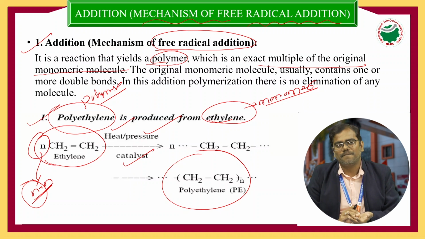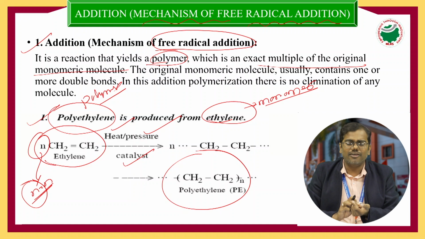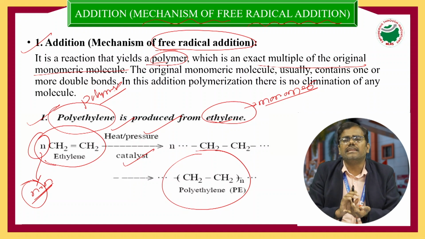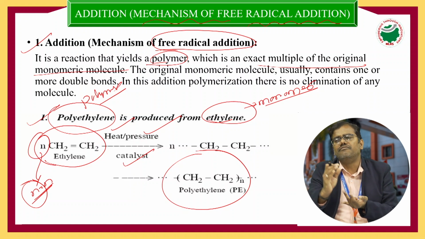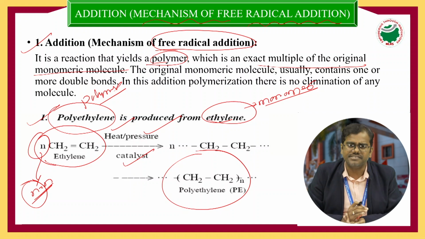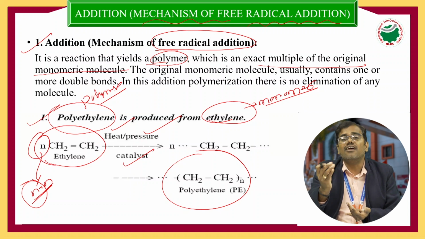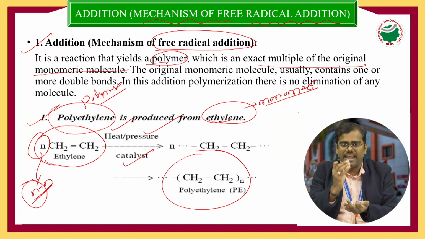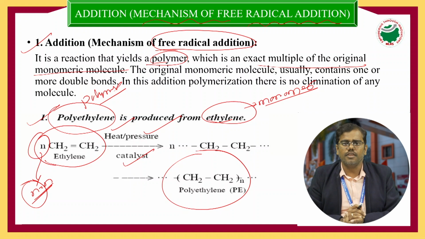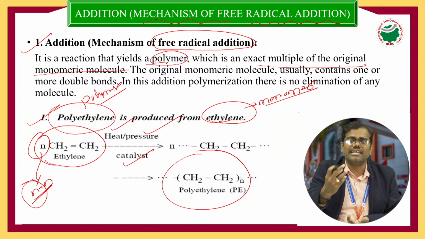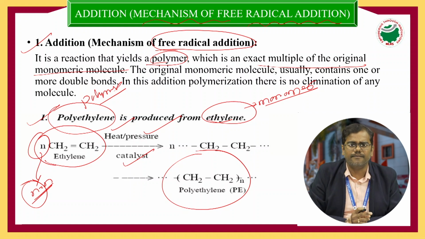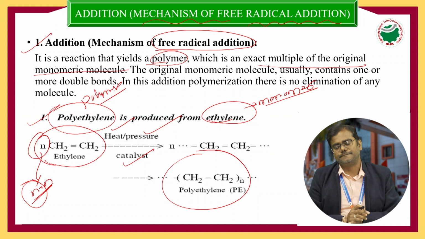Free radicals, cations or anions will be formed based on the type of cleavage of the bond. If homolytic cleavage of the bond takes place, it leads to the formation of free radicals. If heterolytic cleavage takes place, ions will be formed, that is, cations and anions. So based on the initiators, we can understand the polymerization process.